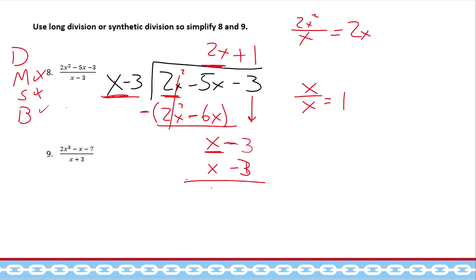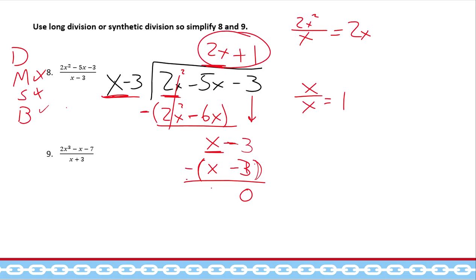I get a 0 here, right, because the two negatives make a positive. So I have a remainder of 0. My answer is 2x plus 1.